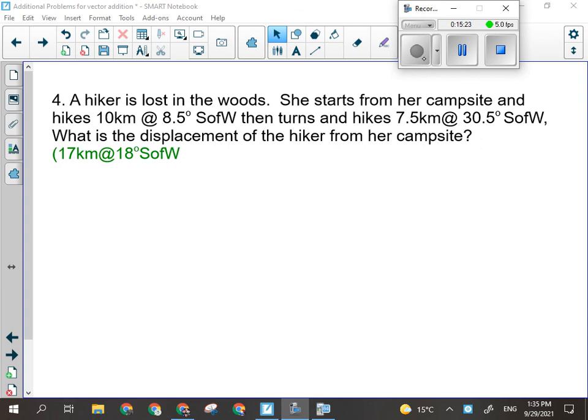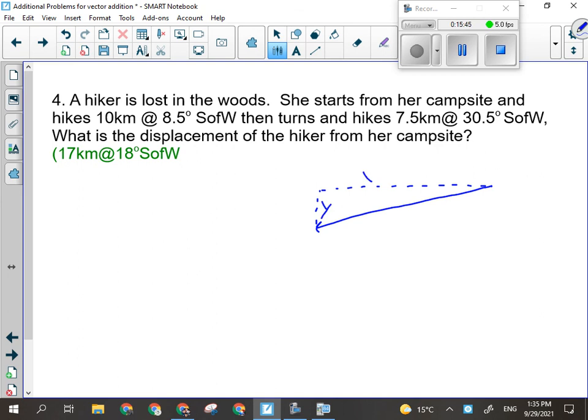Okay, let's have a look at the diagram here. So we've got a hiker lost in the woods, who starts from her campsite and hikes 10 kilometers at 8.5 degrees south of west. So I'm going to draw a line that is west, and go 8.5 degrees south of that. Then from there, she turns and hikes 7.5 kilometers at 30.5 degrees south of west.